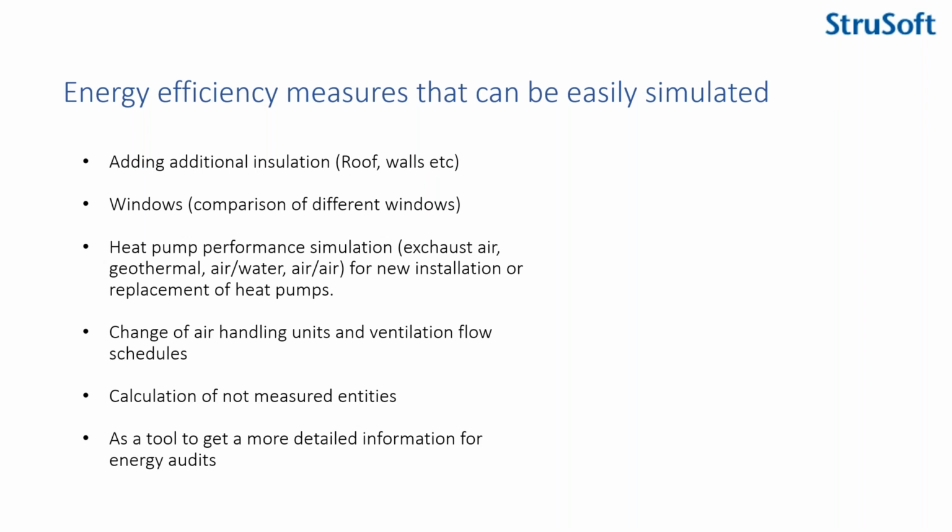We can try changing all the windows to windows with a better U value to see what energy saving that will lead to. We can also model with a heat pump. We have a catalog with predefined heat pumps that you can use in your calculation, and we have heat pump types of exhaust air, geothermal, air to water, and air to air heat pumps.